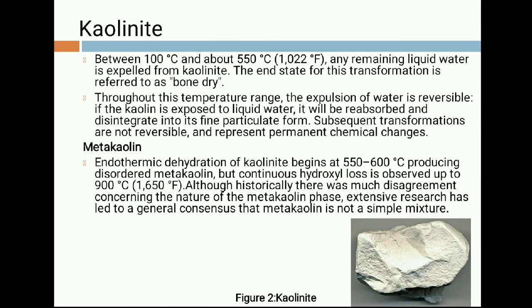If kaolin is exposed to liquid water, it will be reabsorbed and disintegrate into its fine particulate form. Subsequent transformations are not reversible and represent permanent chemical changes. It is not always possible to get the same product, but if you add water to kaolinite in this range of temperature, it will again accept the water.